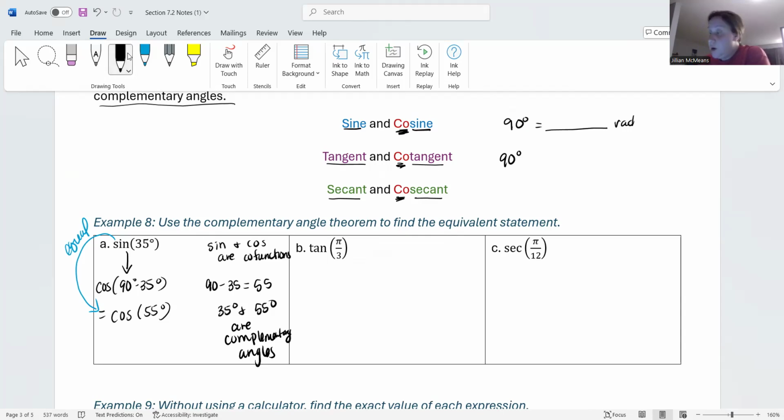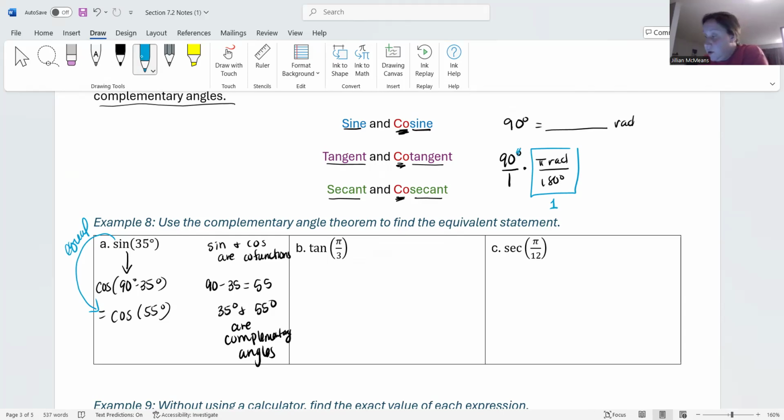Okay, so we want to multiply 90 degrees by some unit fraction that relates degrees and radians, and we want the degrees to cancel, and we want the radians to be in our numerator. So I'm going to say that this is pi radians over 180 degrees. And as weird as it looks, this is really just equal to 1. So a lot of people say it's a well-chosen 1, okay? So we're not changing the value of our 90 degrees, we're just converting it to radians.